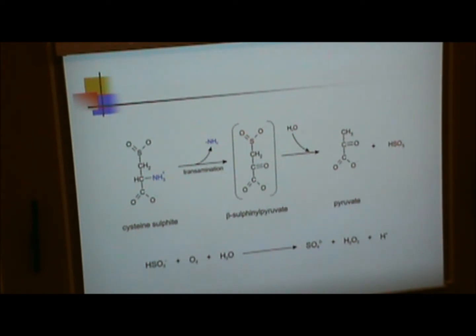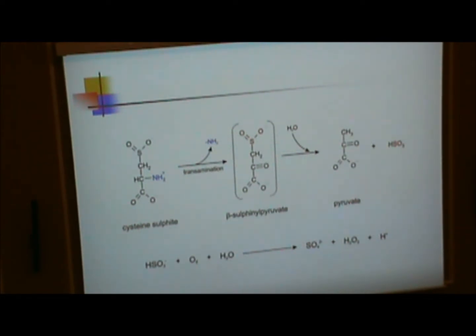One oxygen is incorporated into sulfate, the other incorporates into water, forming hydrogen peroxide. A proton is released. This hydrogen is released in the form of proton.